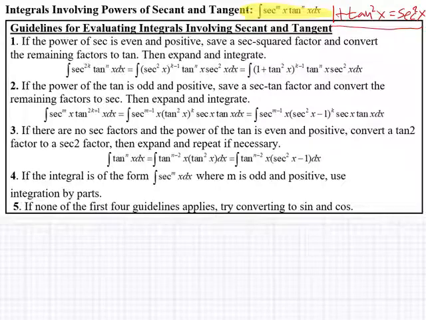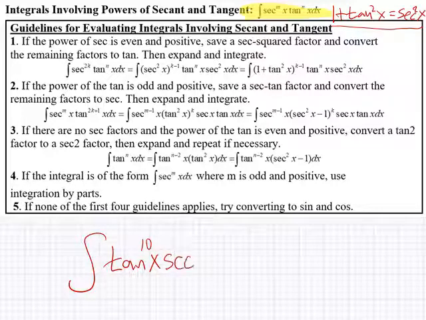So let's just say I give you this example. Integral of tan to the, doesn't really matter what power, 10th x times secant squared x dx. Well, this example is very easy. It's very easy in that I have a u and a du already.